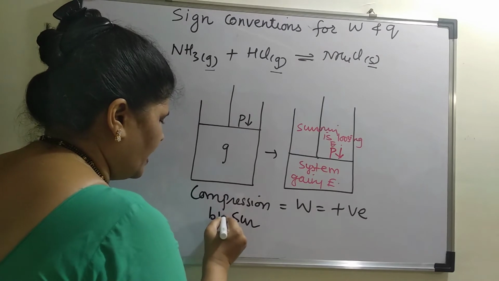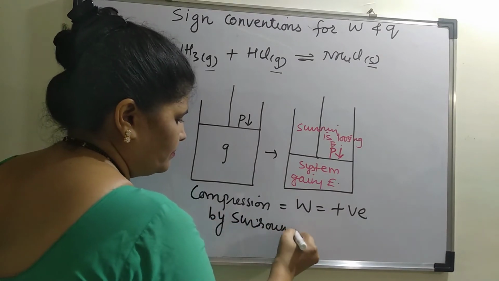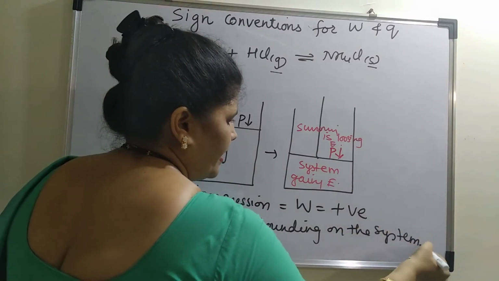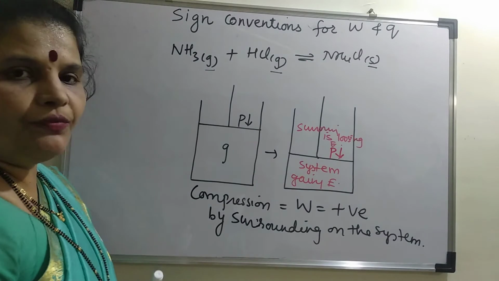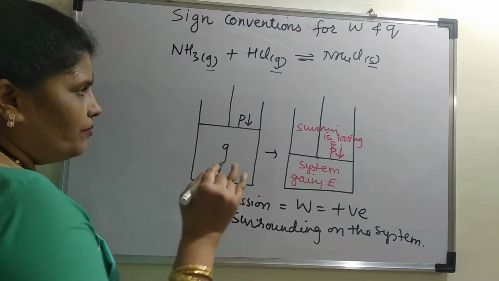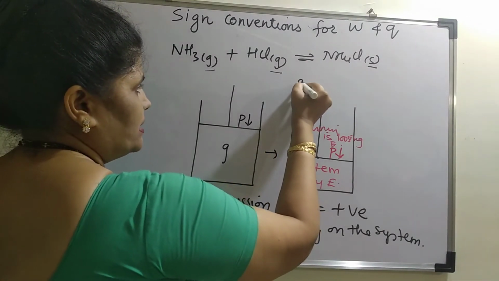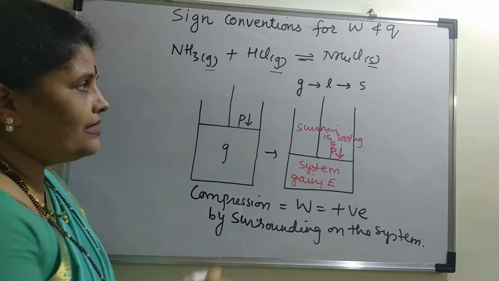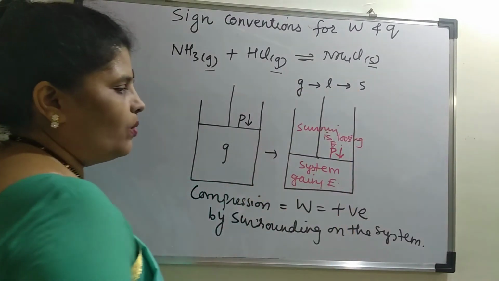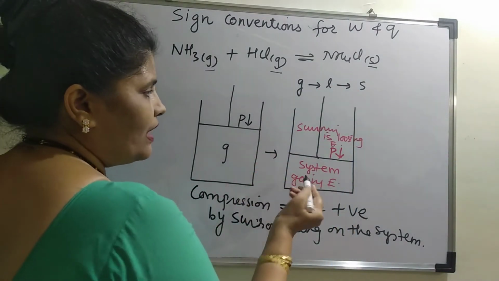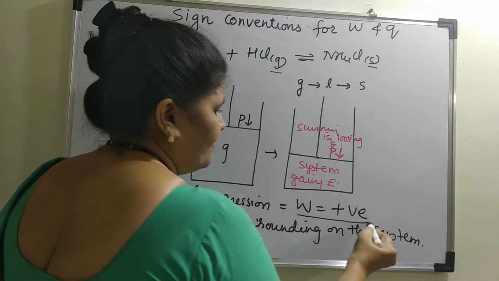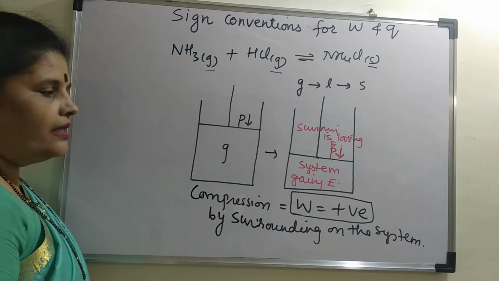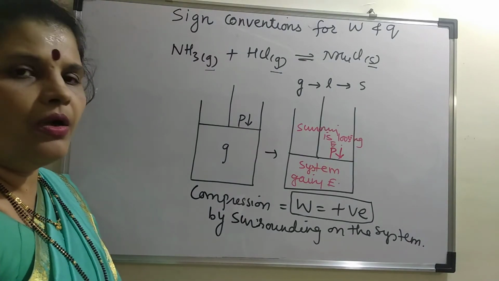Means the work is done by the surrounding on the system. Right, students? Those are the examples which will help you to know the sign conventions. If the physical state changes from gas to liquid to solid, the gas gets compressed, and therefore the work is work due to compression, and the sign convention will be positive for the compression work. And here we say that the work is done by the surrounding on the system.